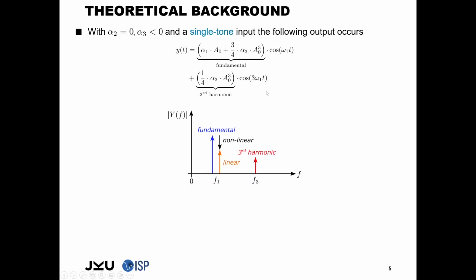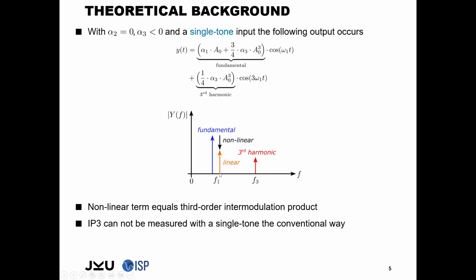And also, for the sake of completeness, this is also the mathematical formula for a single tone for a conventional measurement. However, with a single tone and the conventional measurement, the IP3 is not measurable, because the nonlinear term, which is in this case the 3/4 part, so the IM3 product from the two-tone case, is on the same frequency as the fundamental F1.